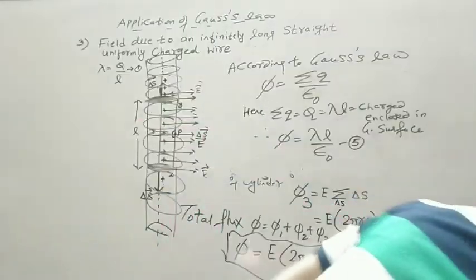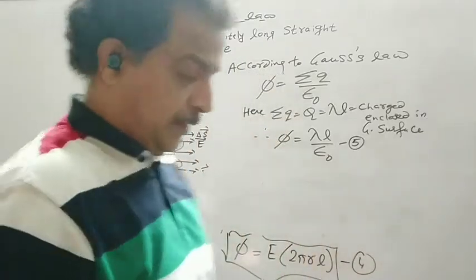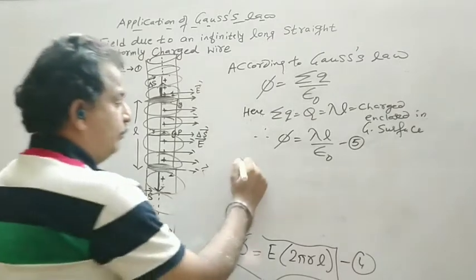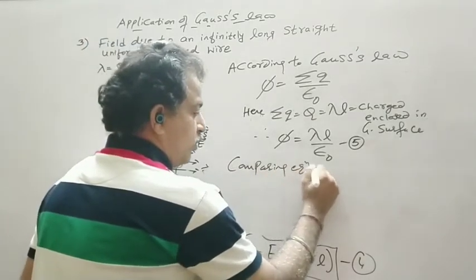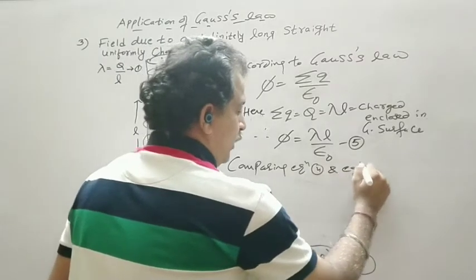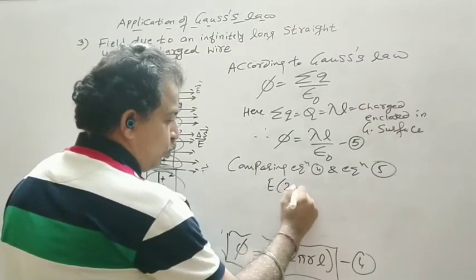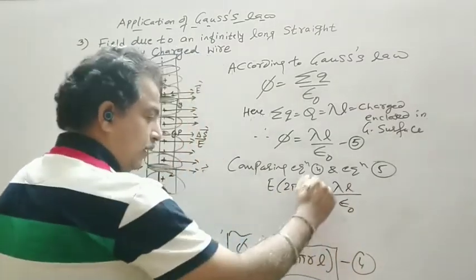Now the last step, we compare the total flux with this equation. So comparing equation 4 and equation 5.